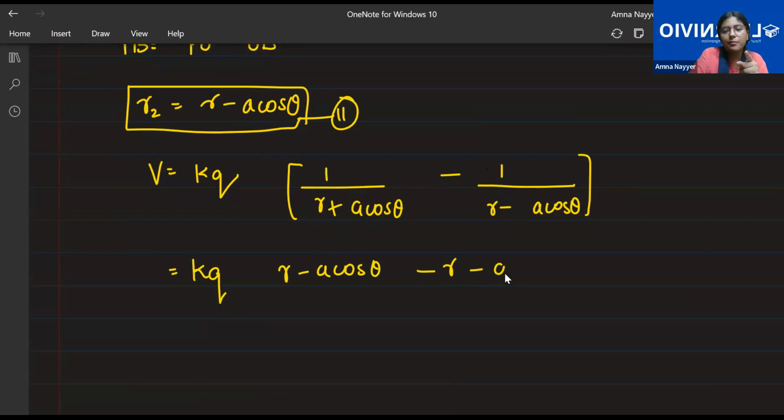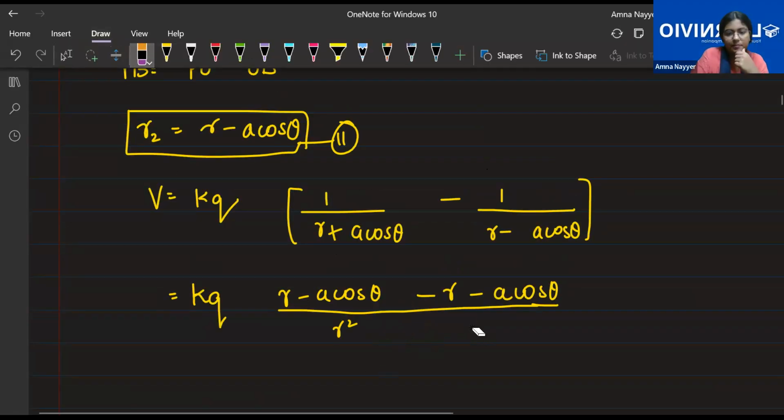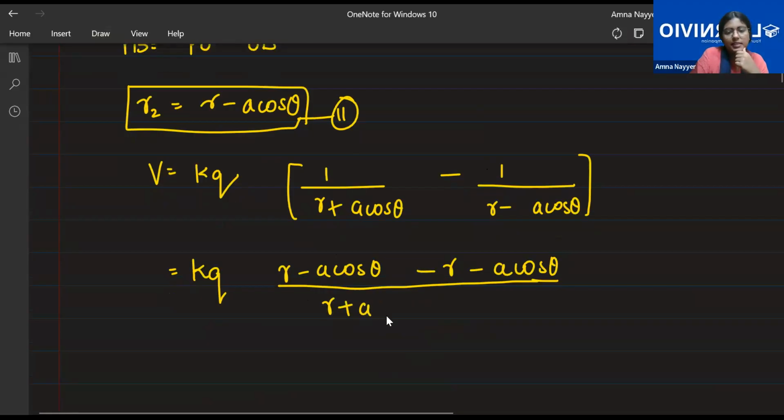So minus R minus A cos theta. Okay. And in the denominator, you have R square minus A square cos square theta. Okay, I've just missed one step: R plus A cos theta into R minus A cos theta.